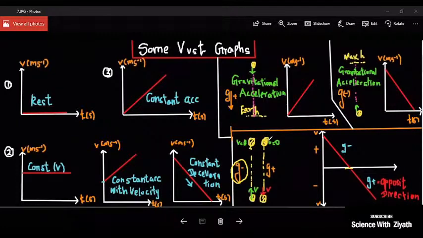When this ball goes to maximum height, it reaches velocity 0, then comes back again. Very important point here. This is one direction and this is the opposite direction.